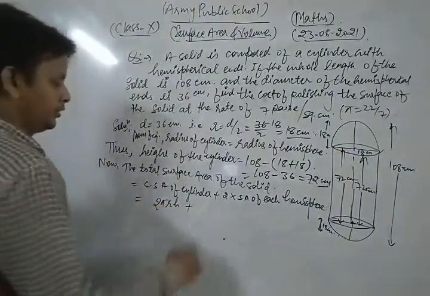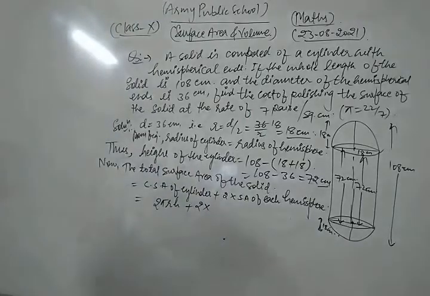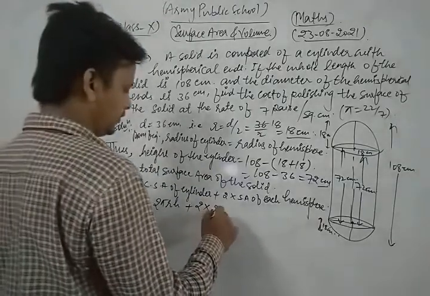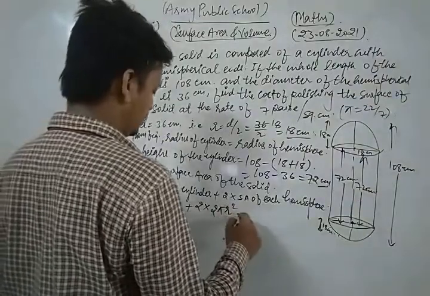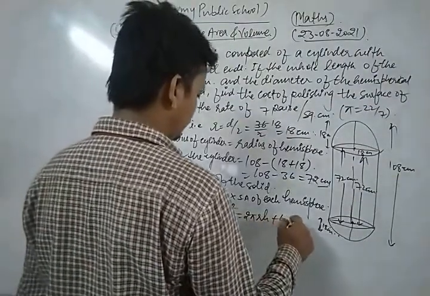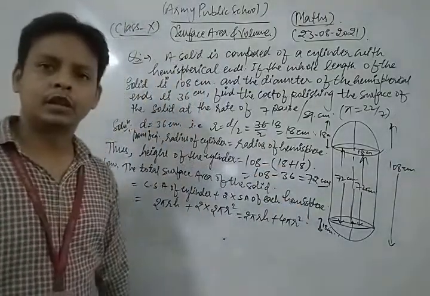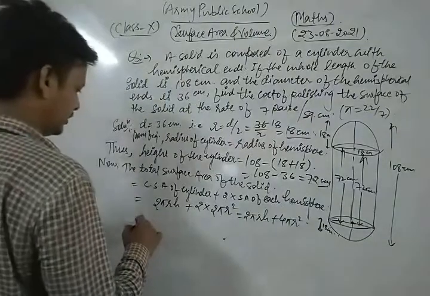plus 2 into the surface area of each hemisphere, which is 2 pi r square. So the total surface area of the solid is 2 pi r h plus 2 into 2 pi r square.